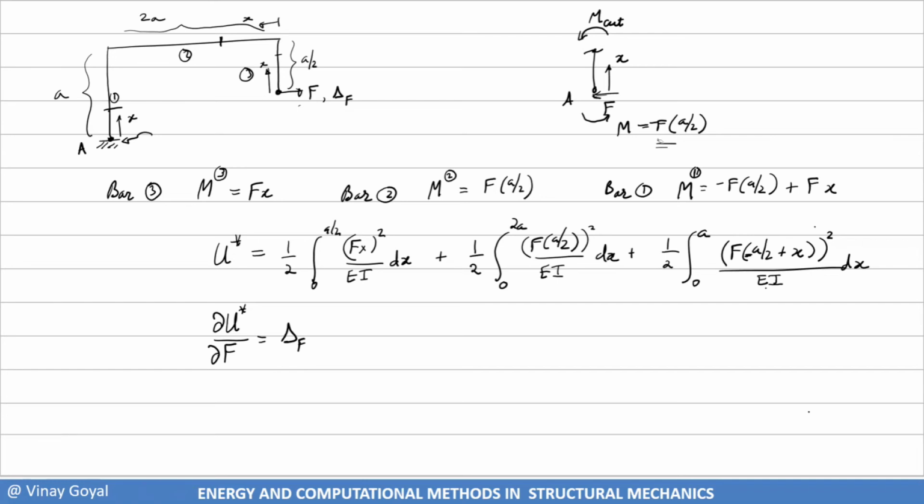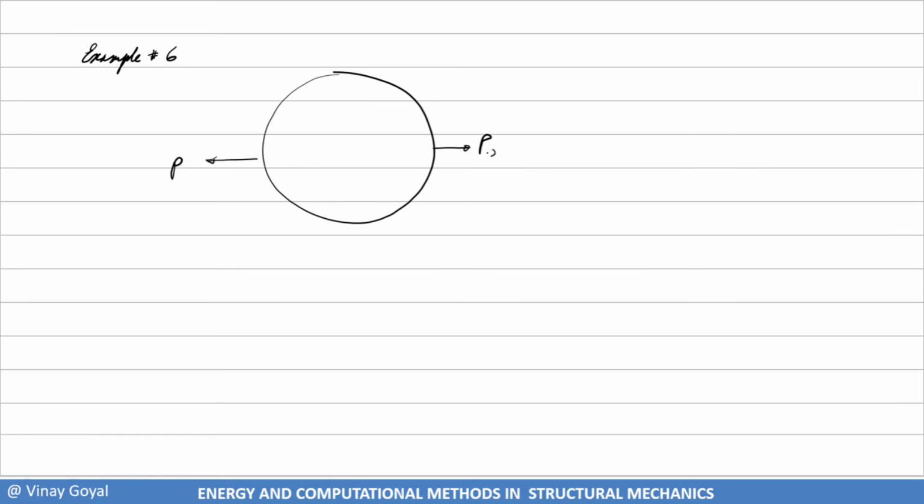Okay, so I'm going to go ahead and now look at a very interesting problem, but I won't solve it here. One of the other problems I will be talking about is a problem where you have a beam that looks like a ring. And the cool thing about second Castigliano's theorem is if I apply a load P here and here, I should be able to determine the deflection at that point.